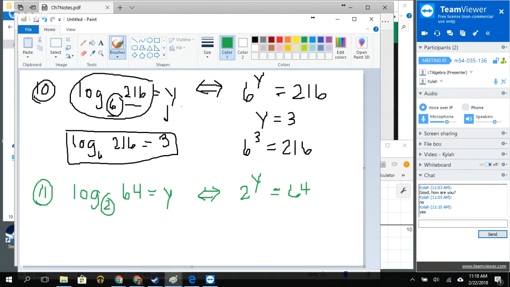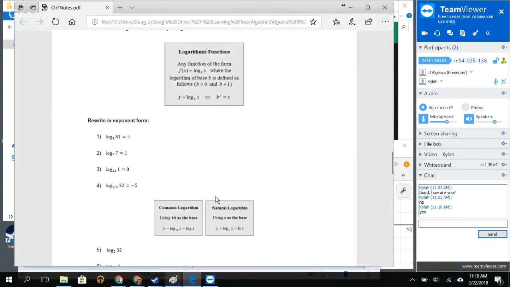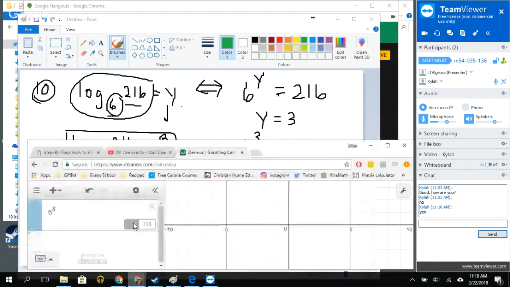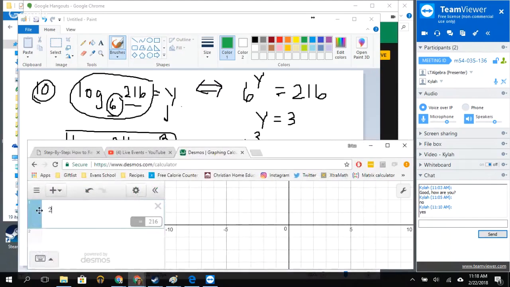Again, you might not know this off the top of your head. 2 squared is 4. 2 cubed is 8. 2 to the fourth is 16, and I think 2 to the fifth power is 64. So let's just double check it on Desmos. 2 to the fifth power.